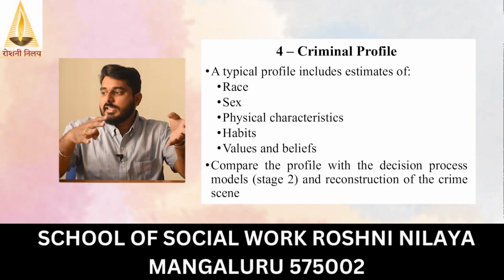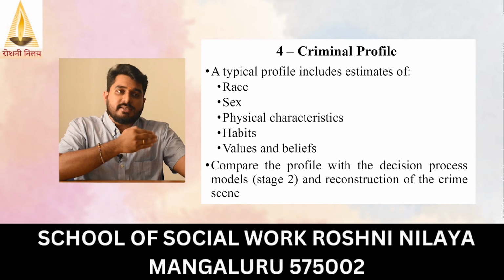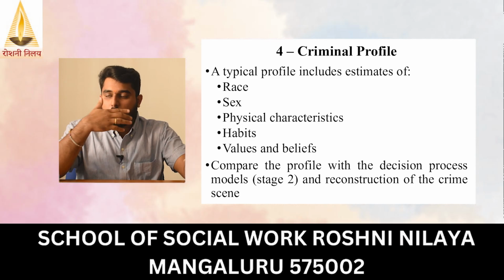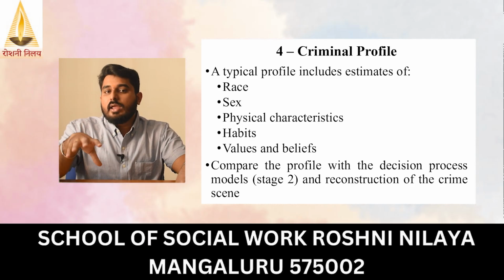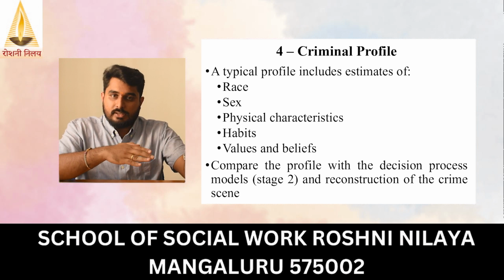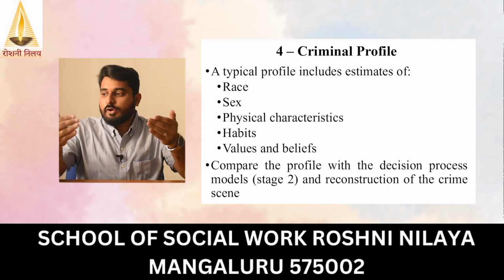When we come to the fourth stage, that is criminal profile, based on the previous three stages, we are profiling a criminal. A profile is nothing but like our social media profile or any other profile where we give our details. But here in criminal profile, we are profiling an unknown person. Based on the crime scene analysis, we are giving a suitable profile for each criminal.